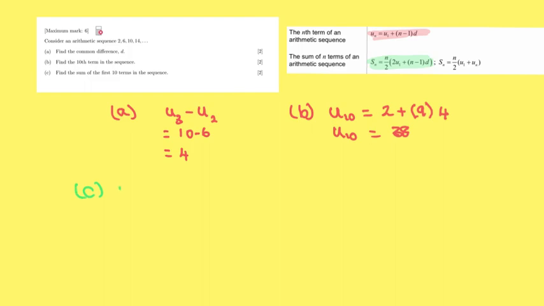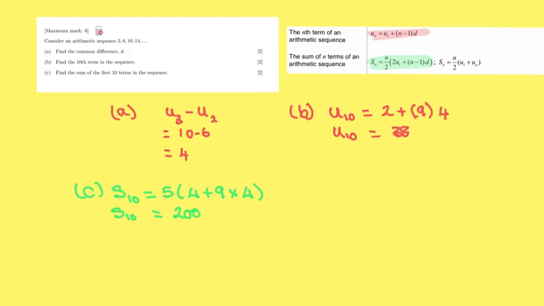So S10 is equal to n is 10, so 10 over 2 is 5, times 2 times the first term, 2 times 2 is 4, plus n minus 1 is 9, times d is 4. So S10 is equal to 9 times 4 is 36, plus 4 is 40, times 5 is 200.